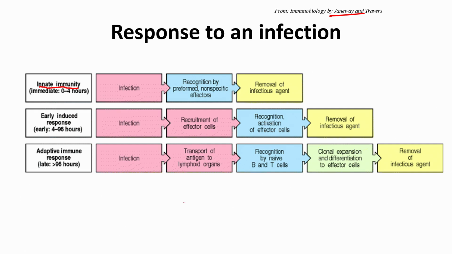So, let us say there is a bacteria and it has a certain pattern to it. Our body already has some molecules that are going to bind to this pattern, and they get immediately activated, because the moment they detect this pattern, the immune system acts up and starts to eradicate this pathogen. So, this was something that was already present.